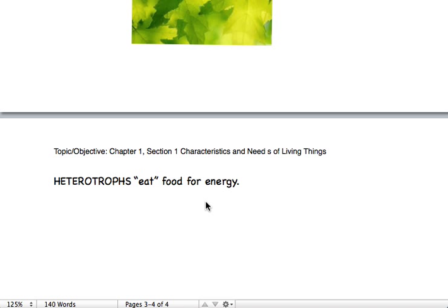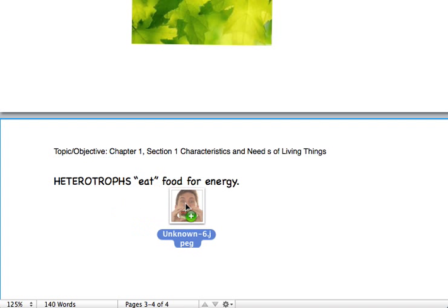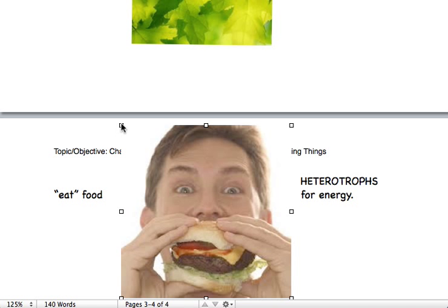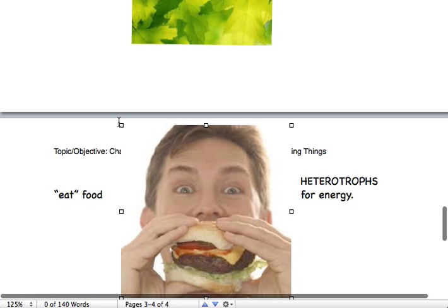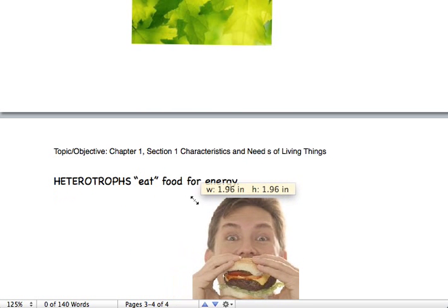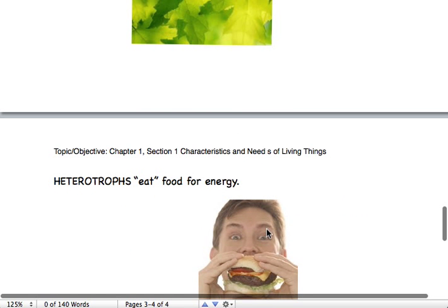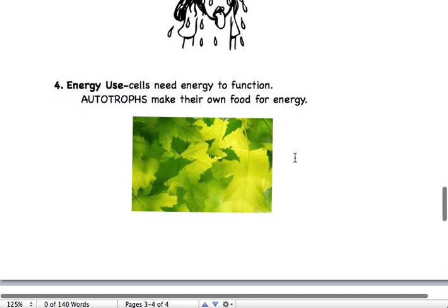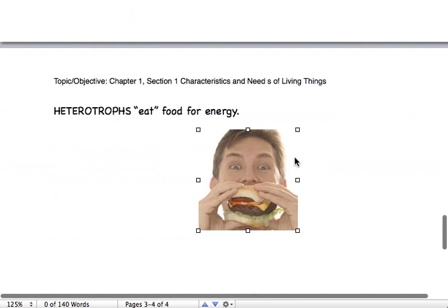But things like bacteria might absorb their nutrition and they don't have a mouth. So that's why eat is in quotation marks. But here is a person actually eating for our little graphic here. So heterotrophs eat food for energy, and autotrophs make their own food for energy.